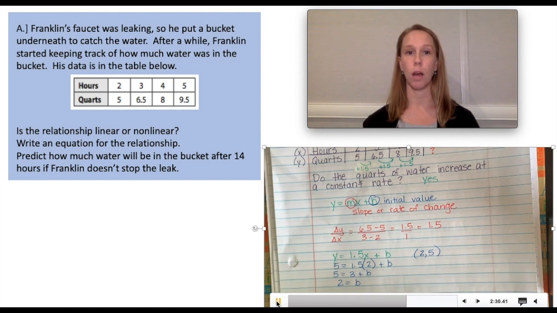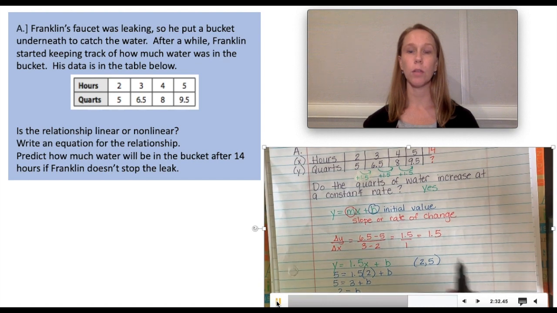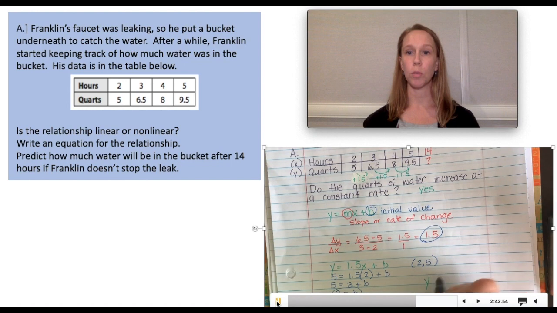So now to write my equation, I just need to go back and write those values in to y equals mx plus b form. So my slope was 1.5, so I have y equals 1.5x plus my initial value 2.